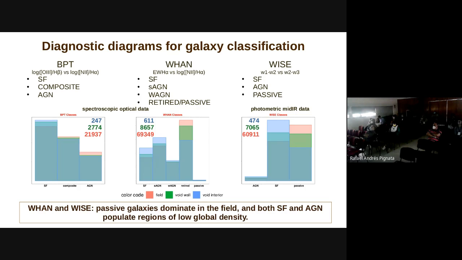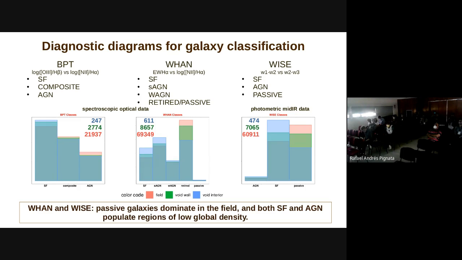So here we can see that in the field, that is the red, we have a population dominated by passive galaxies. You can see that in WHAN and WISE. And in the void, that is what we are interested in, that is the blue and green colors, we have a population dominated by star-forming galaxies and also AGN.